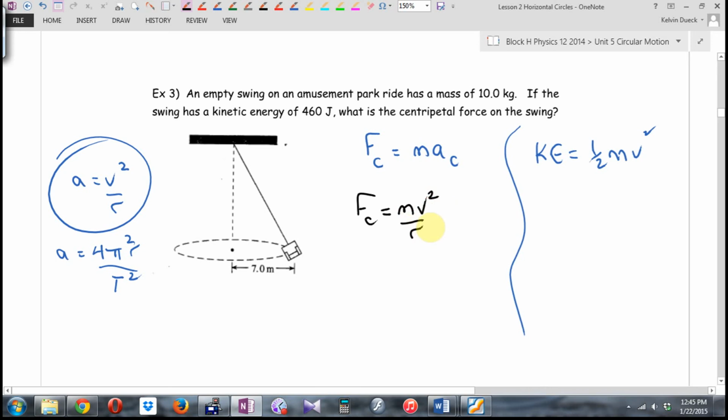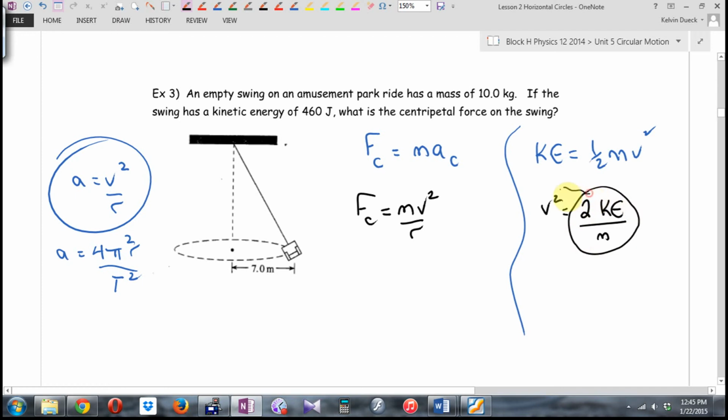In fact, before we plug and chug in numbers, let's get the v squared by itself in this equation. What would I do with the m? Divide. What would I do with the 2? Times. Do I care about the 1? So an expression for v squared is also 2 times the kinetic energy divided by the mass.